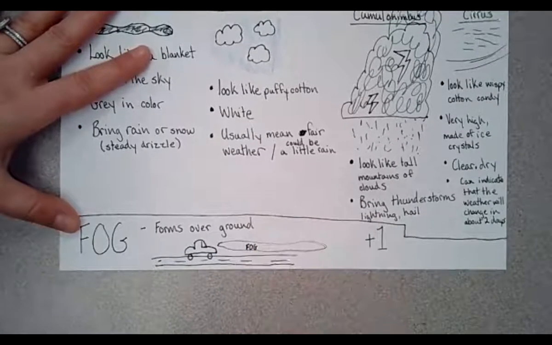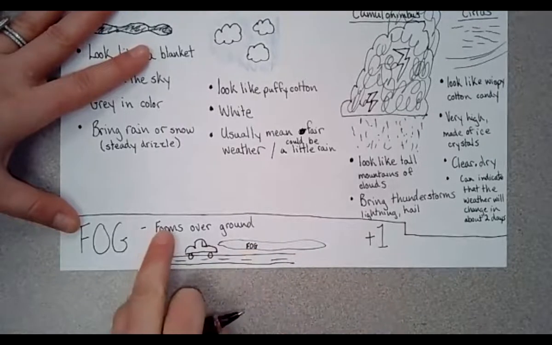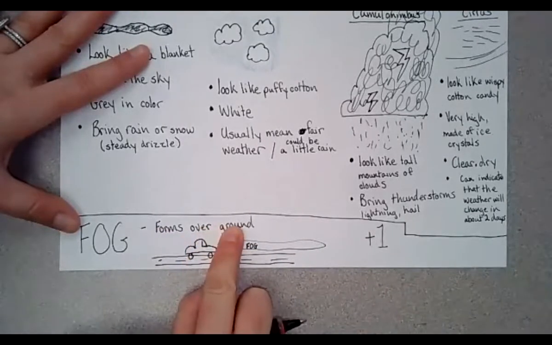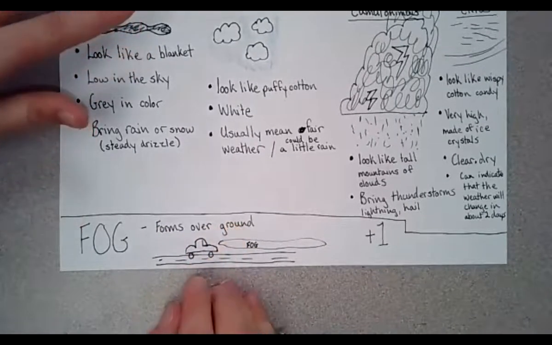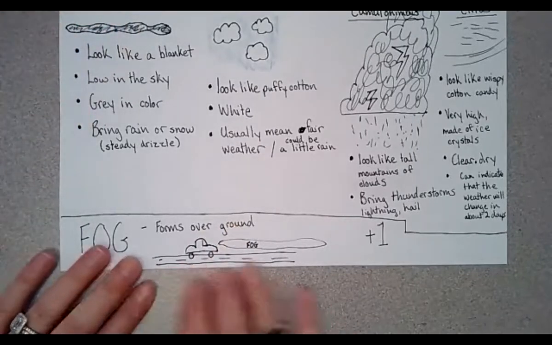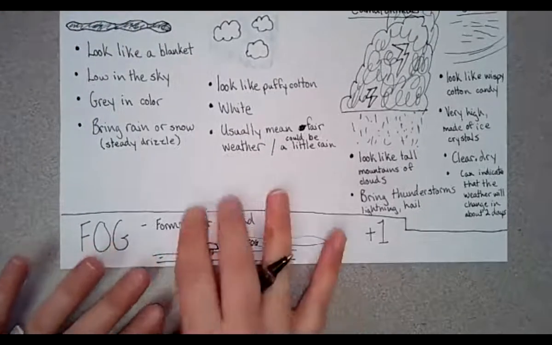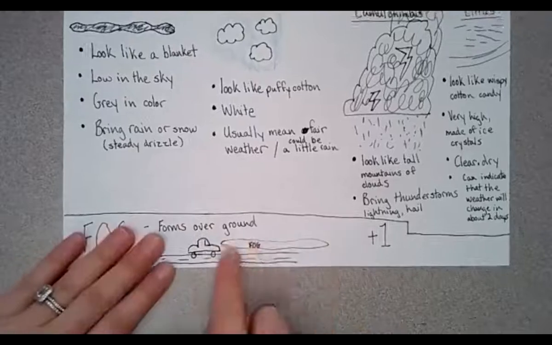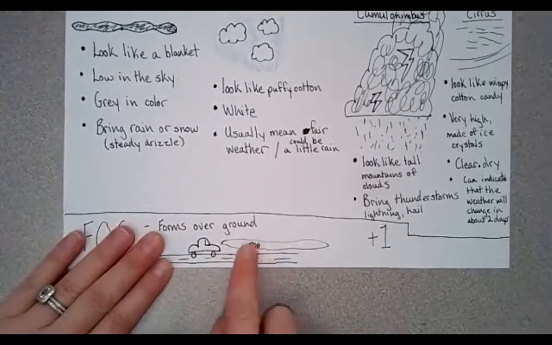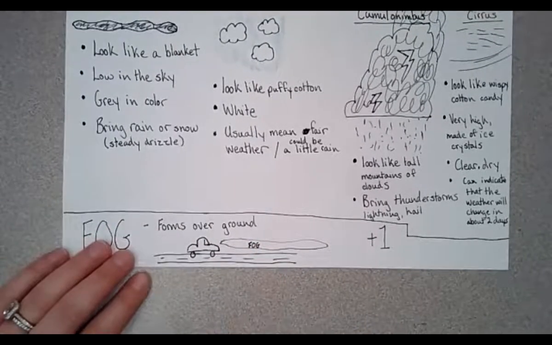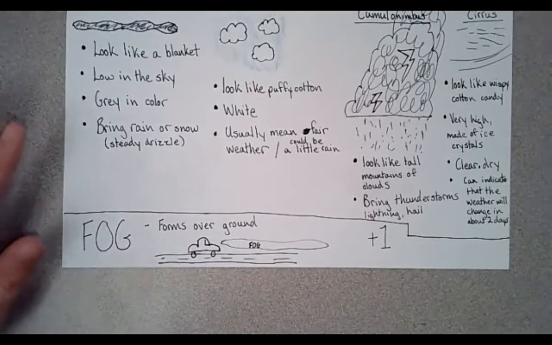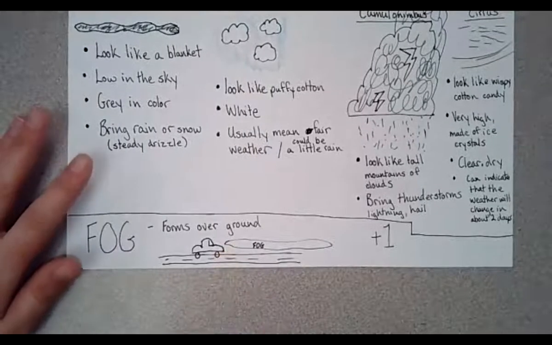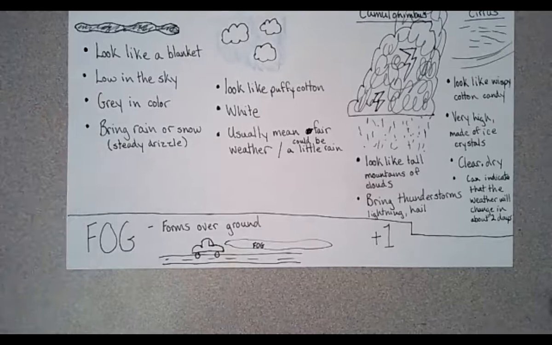It is literally a cloud that has formed over the ground. And the reason why this has happened is because the ground and the air are different temperatures, and it's causing condensation to form near the ground. Just the same way that clouds form in the sky, they can form over the ground, when you have dramatic differences between the ground and the air.